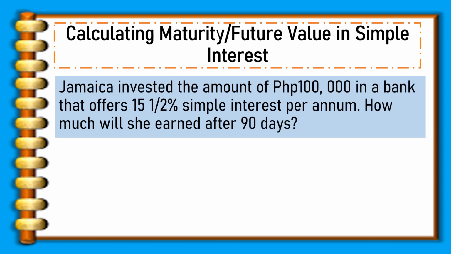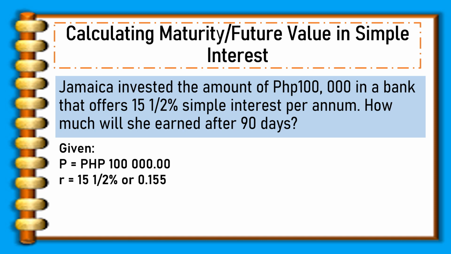Jamaica invested the amount of 100,000 in a bank that offers 15.5% simple interest per annum. How much will she earn after 90 days? Here are the given. Present value of 100,000 pesos. Rate of 15.5%, or in decimal form it is 0.155.